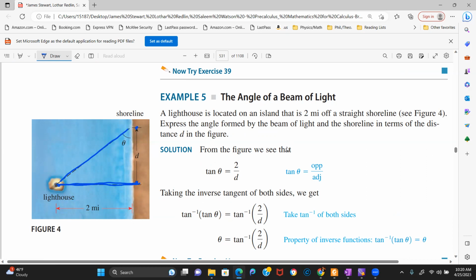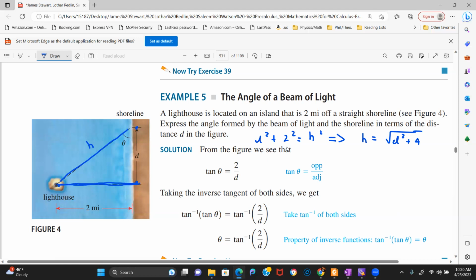Let's call it H. So we have d squared plus 2 squared is equal to h squared. That implies that h is equal to the square root of d squared plus 4.